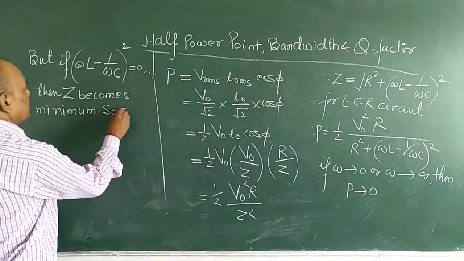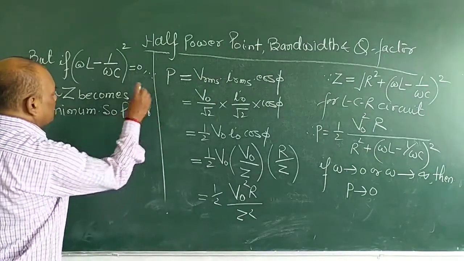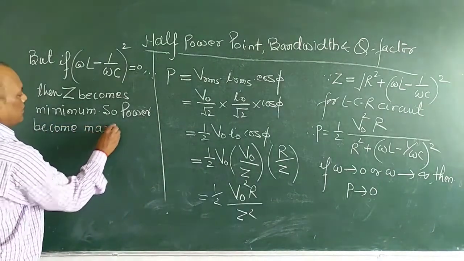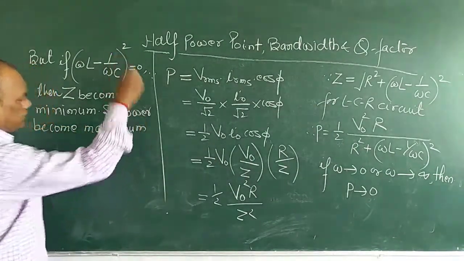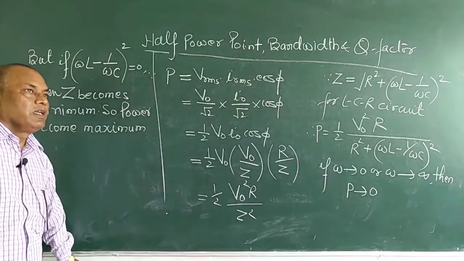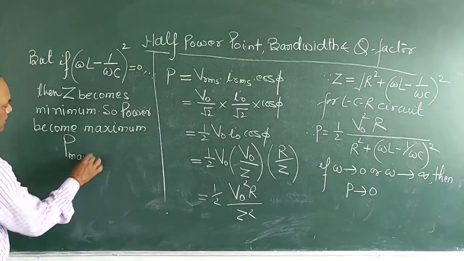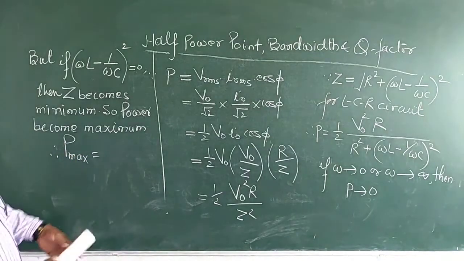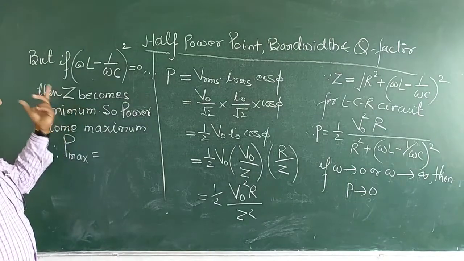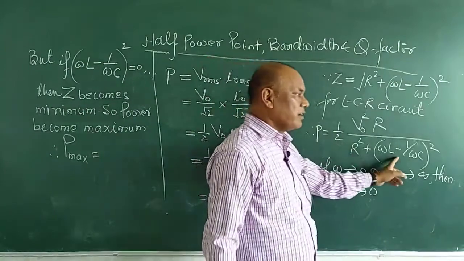So power becomes maximum. Therefore, when this is taken 0, Z becomes minimum, and when Z becomes minimum, P becomes maximum.